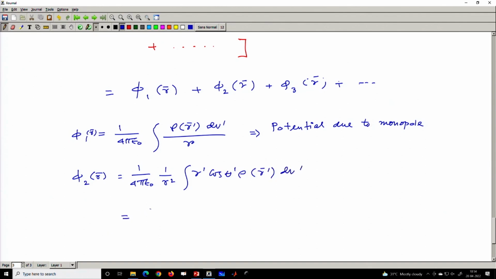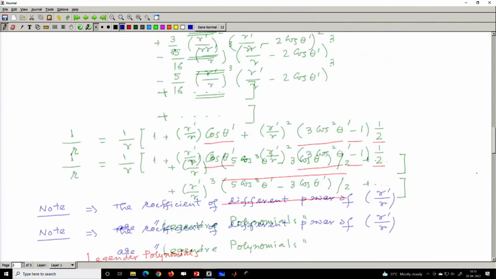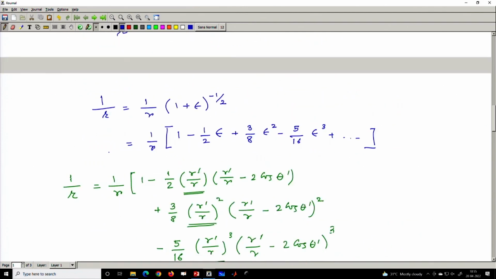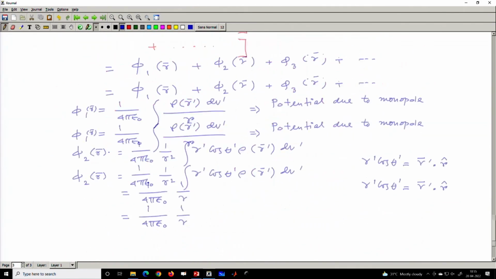I can manipulate, I can write this in a different way: 1 by epsilon 0, then 1 by r, and this cos theta prime I can write as r prime vector dot r unit vector. As per the figure, if you look carefully in this figure, whatever figure I draw, so this is theta prime. So, r prime dot unit vector r is simply r prime cos theta prime. So, that I replace here in this equation.